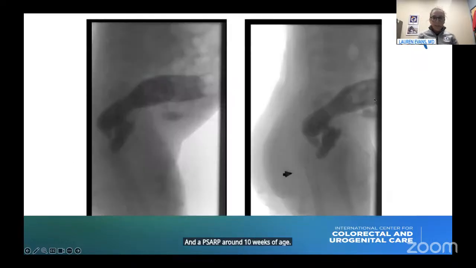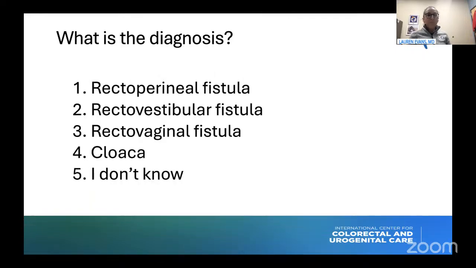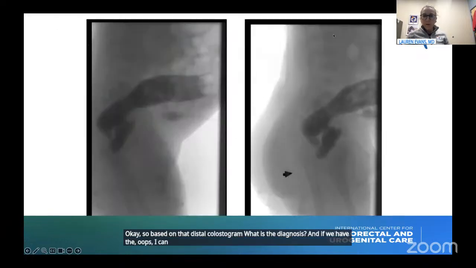So this is her distal colostogram. I'm going to give everybody a second to have a look at it. Okay, so based on that distal colostogram, what is the diagnosis? And I can put the images back up for everybody as well.